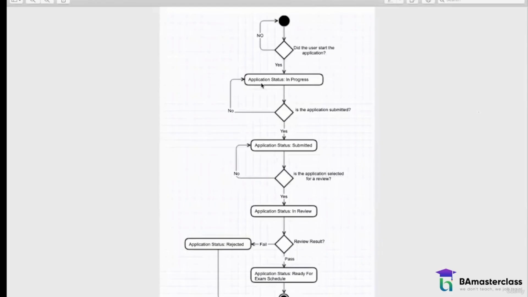Look here. Application status. It looks like an application for a test, like an exam. Very good. So let's say you heard of a PMP certification, right? When you apply for a PMP exam, it's related to that.